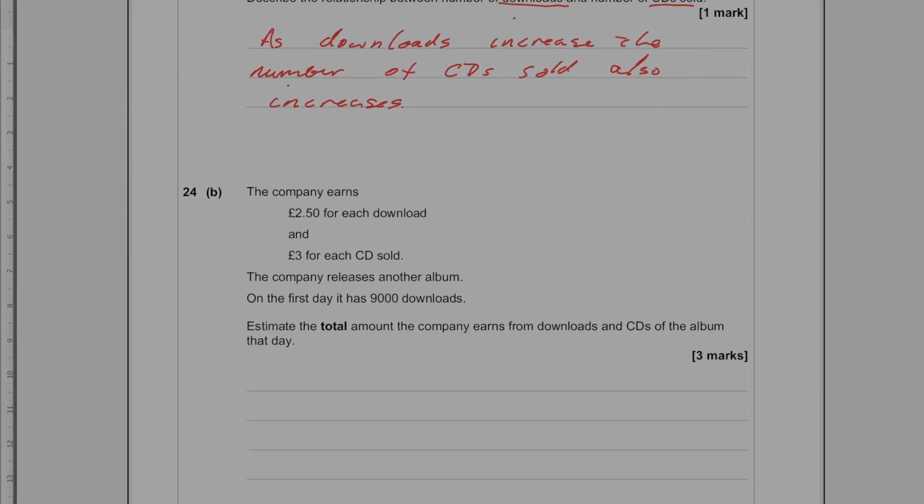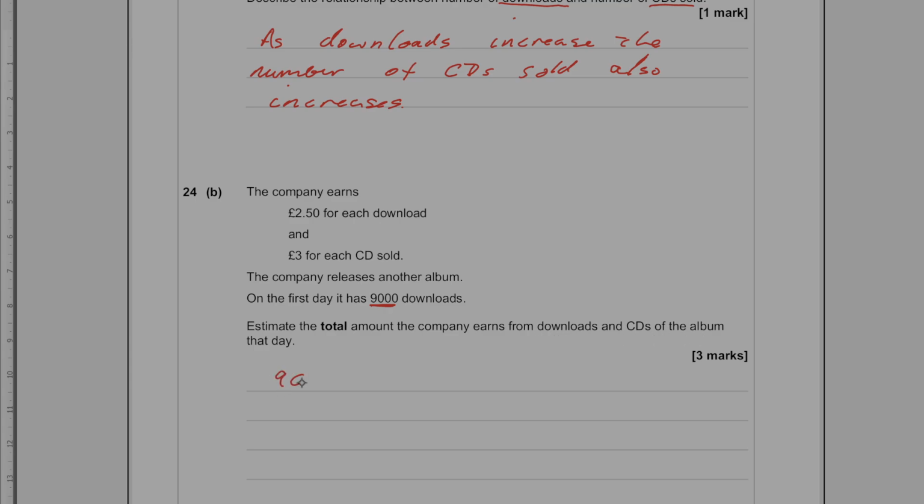Okay, part B. The company earns £2.50 for each download and £3 for each CD sold. The company releases another album. On the first day, it has 900 downloads. Estimate the total amount the company earns from the downloads.